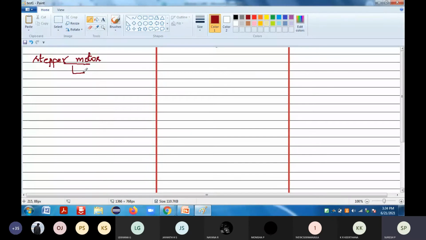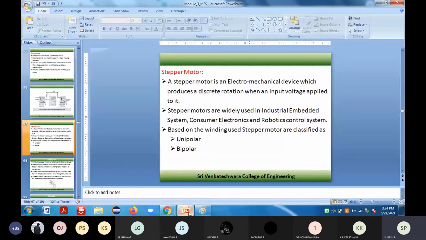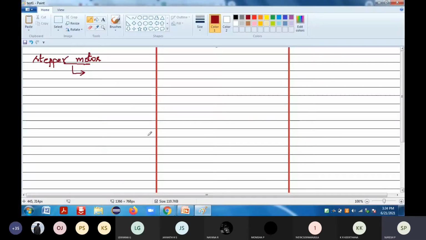So in your stepper motor, you can see it here, the stepper motor is an electromagnetic device. It is an electromechanical device which will produce the electrical motion.